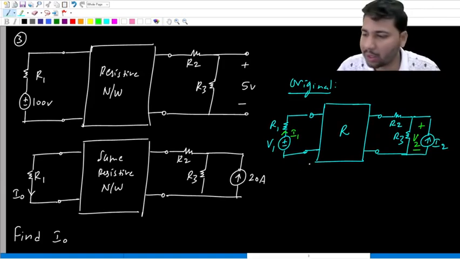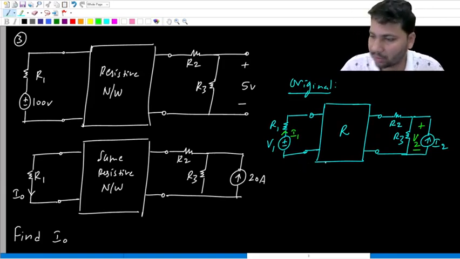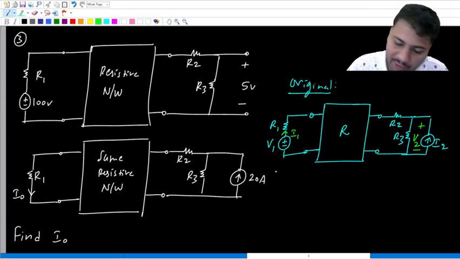Now, what is the reciprocity theorem telling us? The reciprocity theorem tells us that when you have different types of sources on both sides, this time a voltage source on one side and a current source on the other side, then the two ratios are negative of each other.